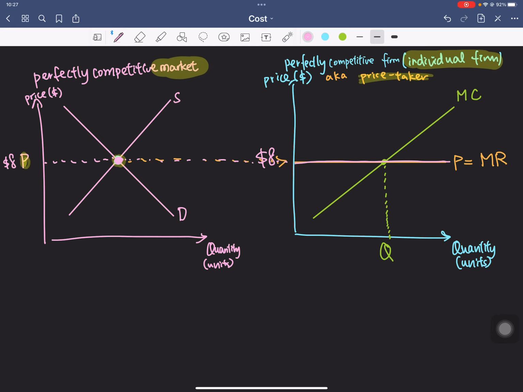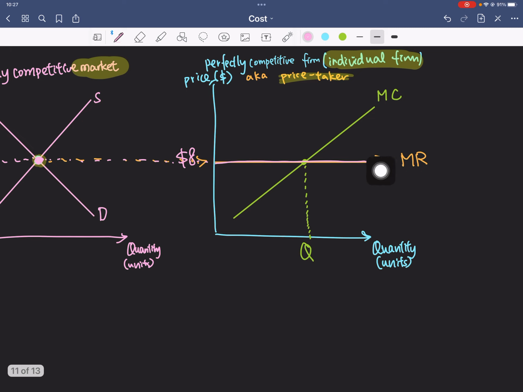And we know in the perfectly competitive market, the price is going to be the marginal revenue of the individual firm, because by selling one additional unit of the product, the firm gains marginal revenue equal to the price, in this price taking behavior case. So this is how we set P equals MR here.